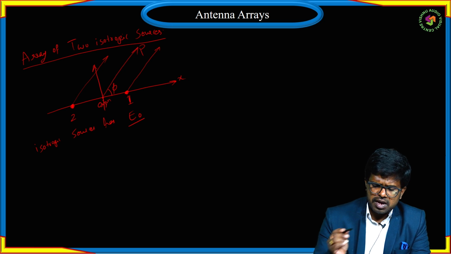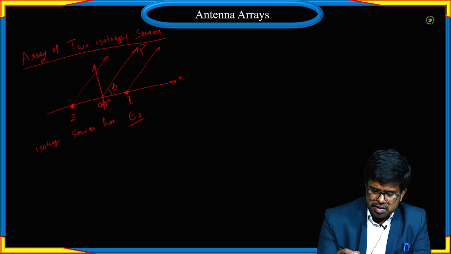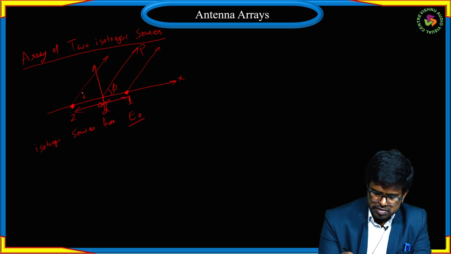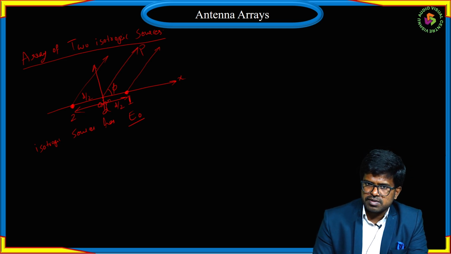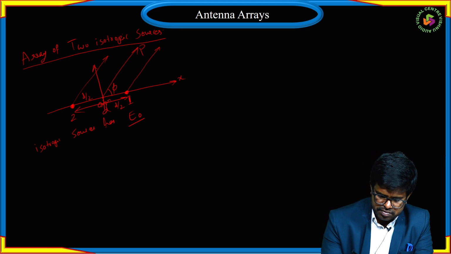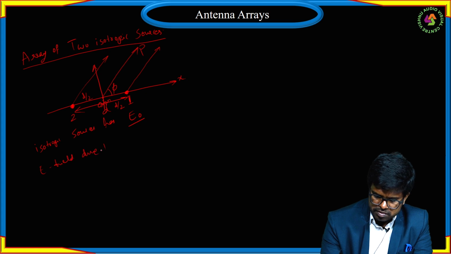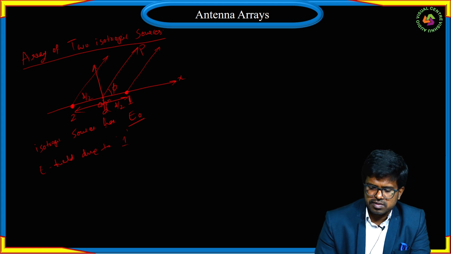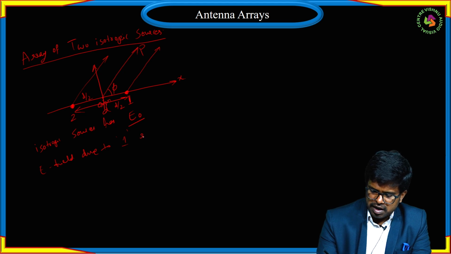These two isotropic sources are placed at a distance d, so each is at d by 2 from the origin. The electric field due to source 1 is retarded by beta d cos phi by 2.